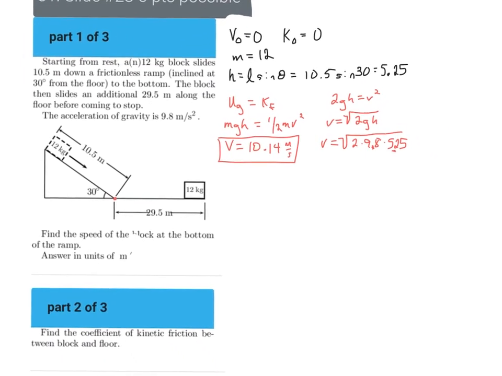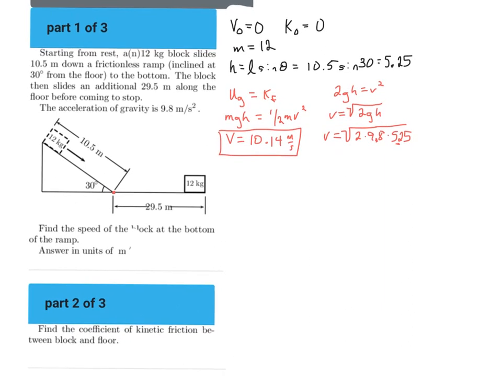For part 2, we're trying to find the coefficient of friction. And now we're going to use the second part of the motion where it's sliding along the bottom of the ramp. So in that case, we are given the distance, and that is 29.5 meters. And that's the only new information we need. So at the bottom of the ramp, it's going to have some new initial kinetic energy.